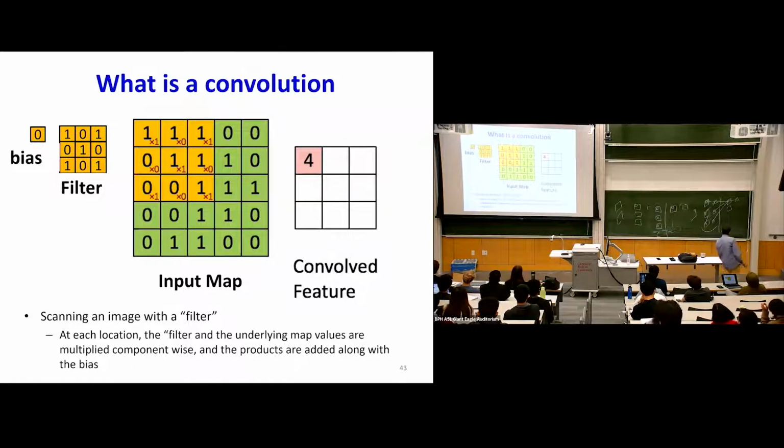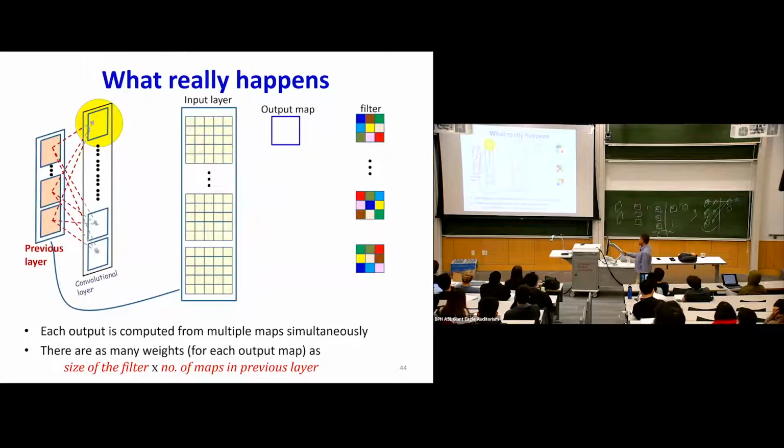And then you would step forward by 1 and compute the same value at the next position, and do this as you scan the input. And that's how you compute the contribution of this one input map to the output affine map. But of course, that was just the contribution of one of these.